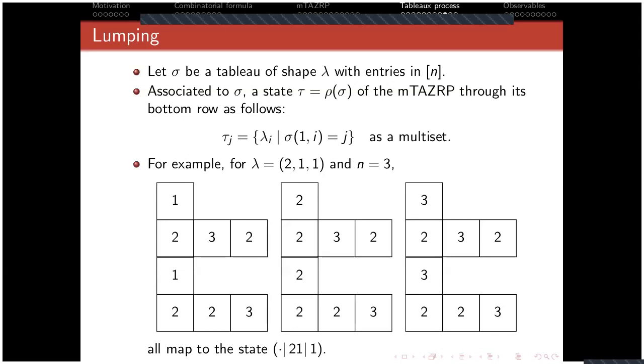I'm looking at all the configurations that map to this state, the multi-species state with this content and 3 sites. So how am I going to do that? I look at the bottommost row. There are 6 tableaux. So look at the entries in the bottommost row. The height of a given column will tell you.